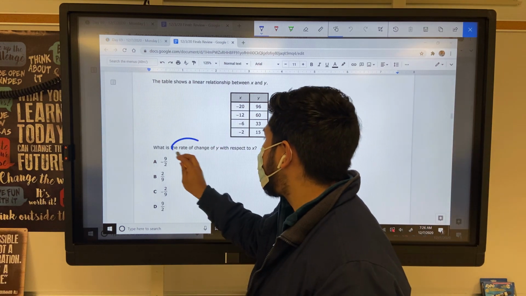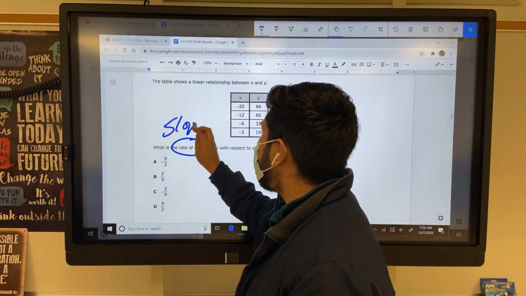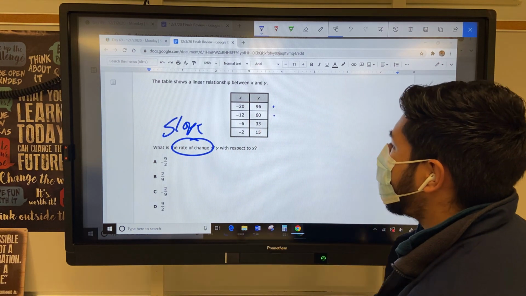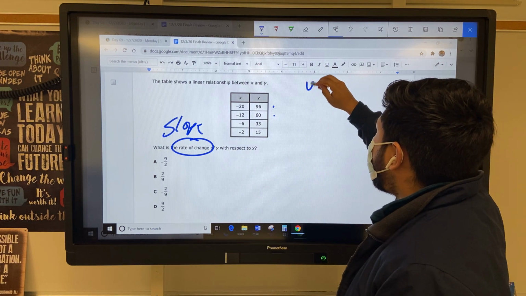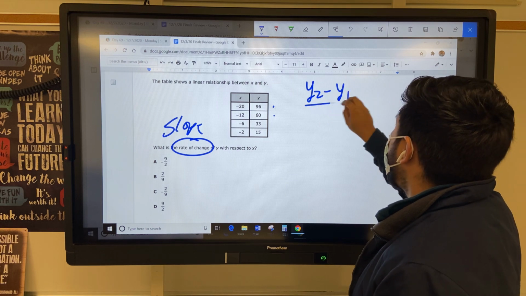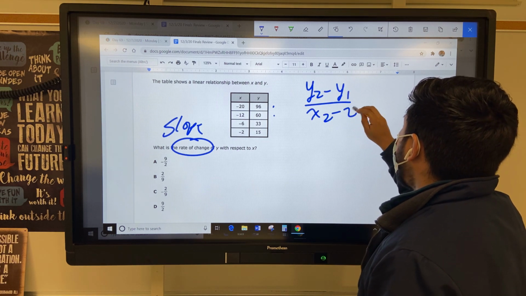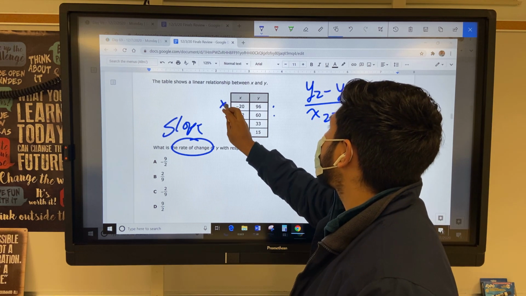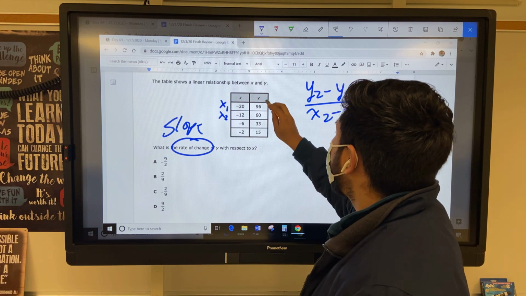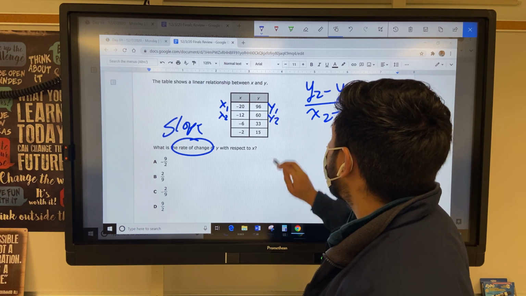Rate of change. Rate of change is slope. Choose 2 points. Use the formula to find out your slope. Let's do it. y2 minus y1 over x2 minus x1. Label x1, x2, y1, y2.